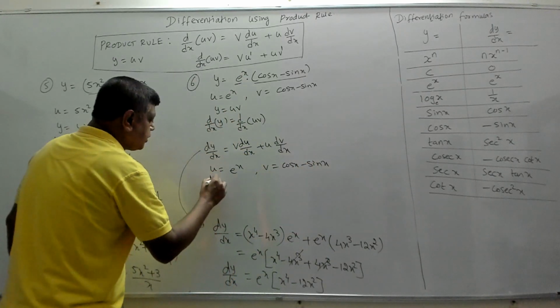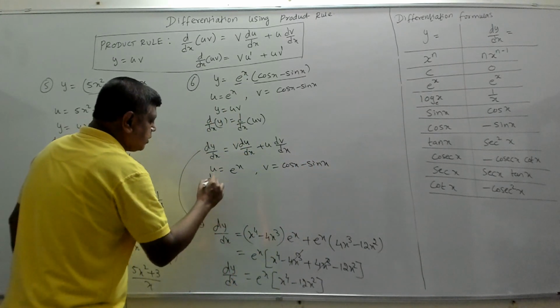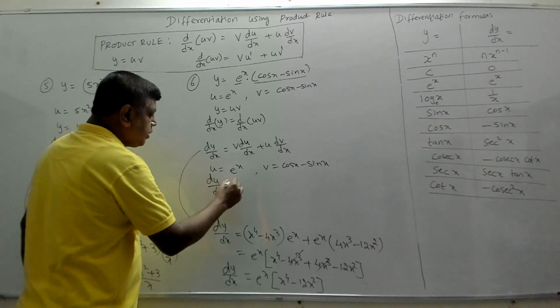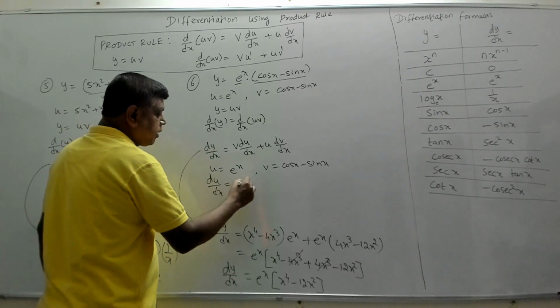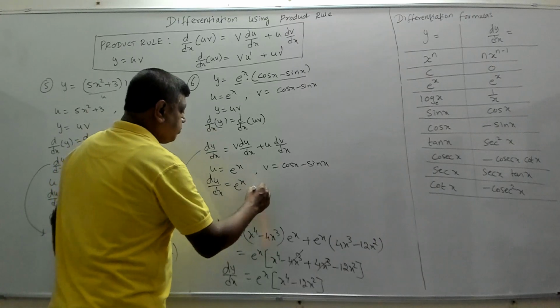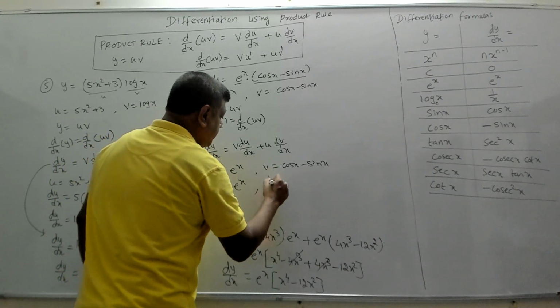Now differentiate this, du by dx. Differentiating u with respect to x, du by dx is equal to e power x, since differentiation of e power x is e power x. Then differentiation of v is dv by dx.